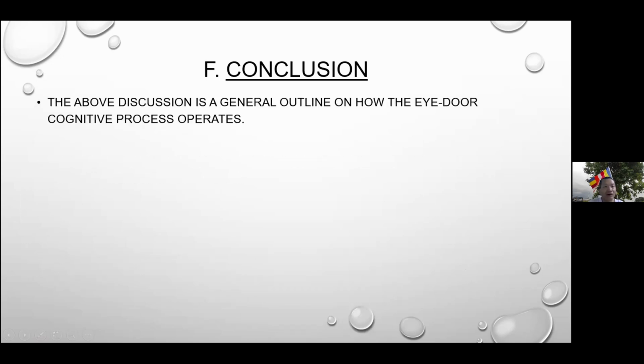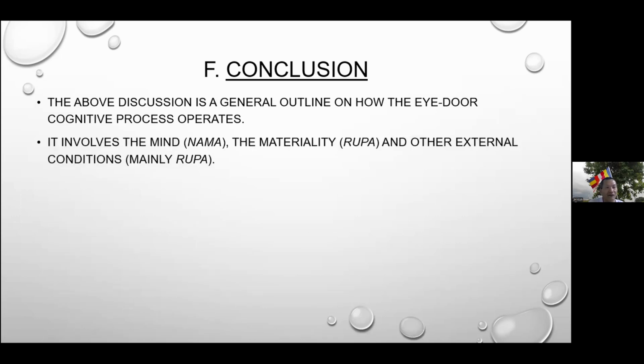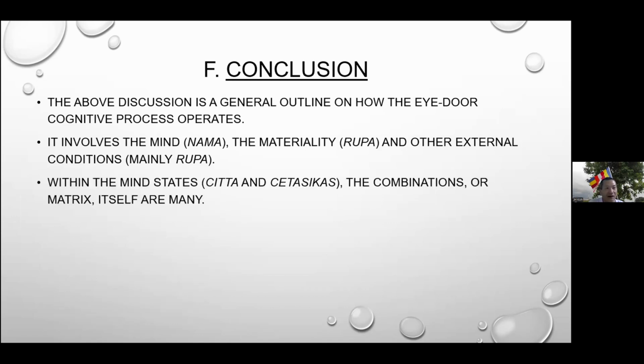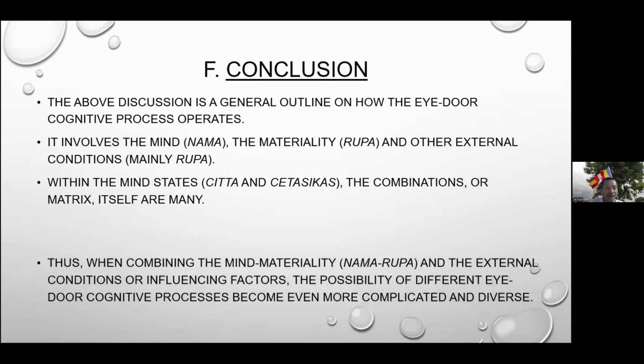The above discussion is a general outline of how the eye-door cognitive process operates. It involves the mind, nama, the materiality, rupa, and the other external conditions, mainly rupa. Within the mind states, citta and cetasika, the combinations or matrices themselves are many and very diverse.